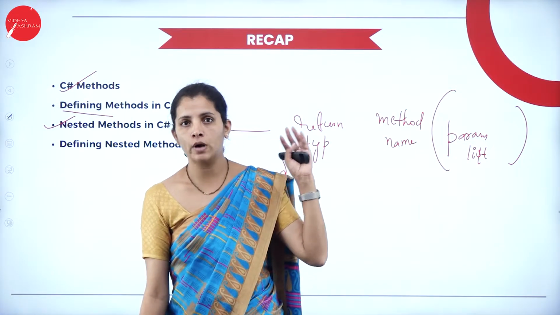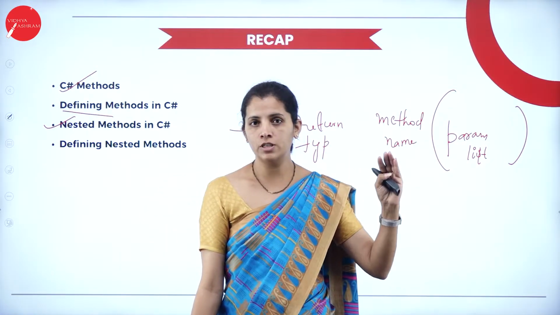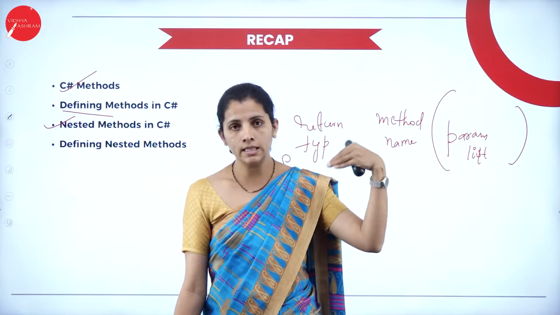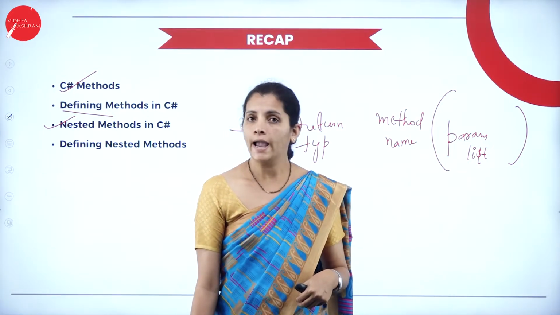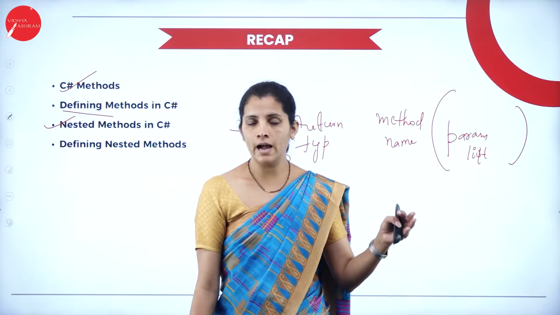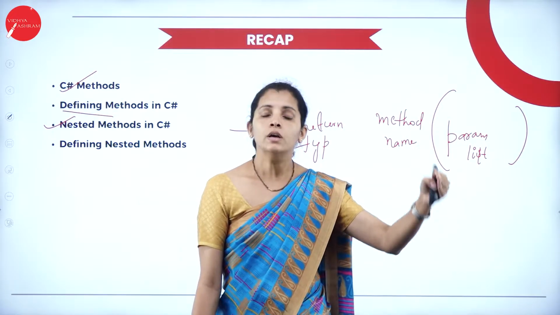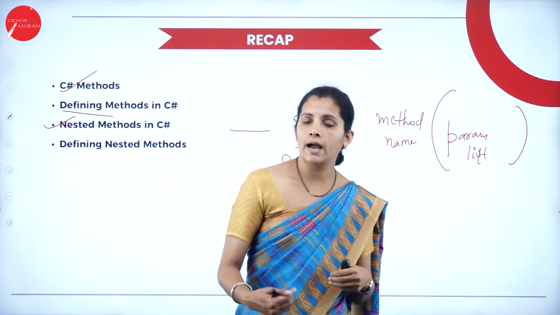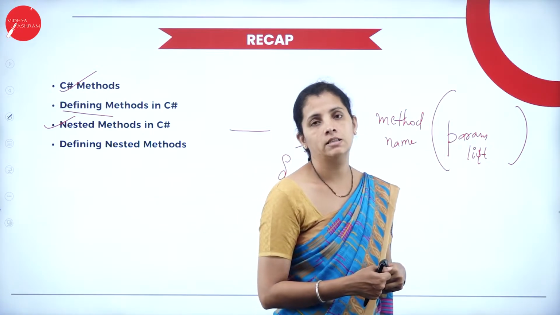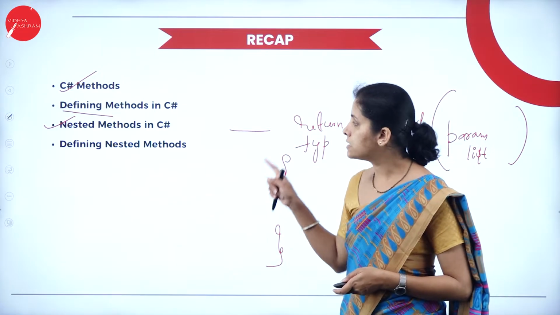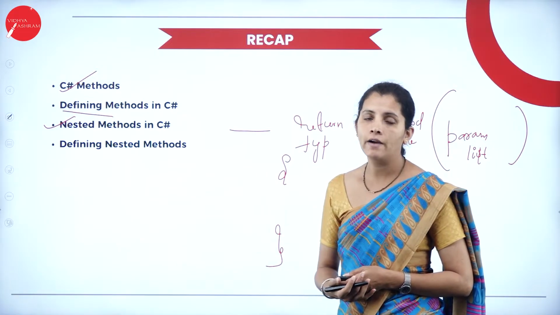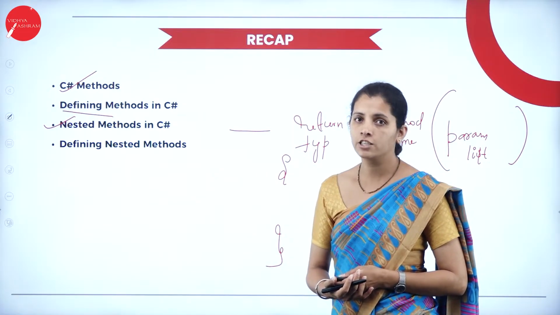One is that I have the main function or main method, and within that I can define my own method. Another way is to define my own method, and inside that method, I write another method. That is known as nesting of methods. These are the topics I discussed in my last session.